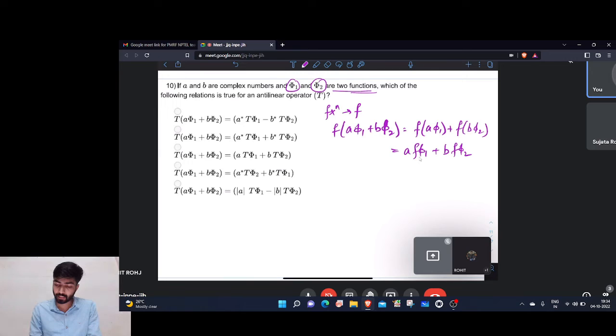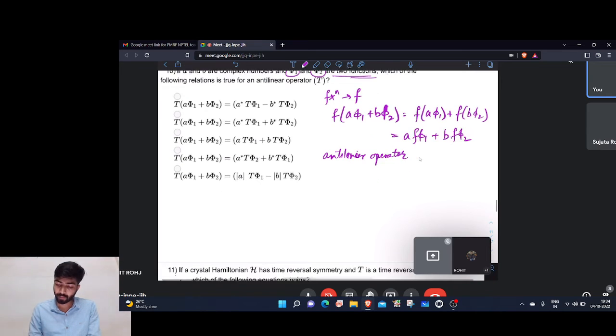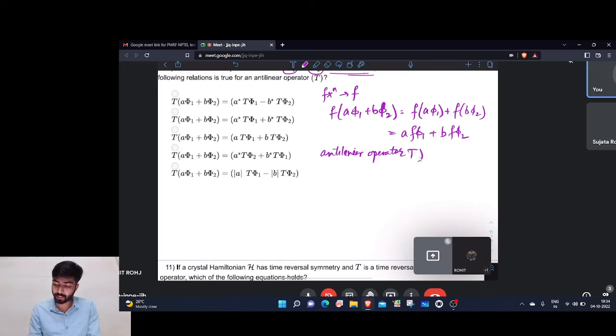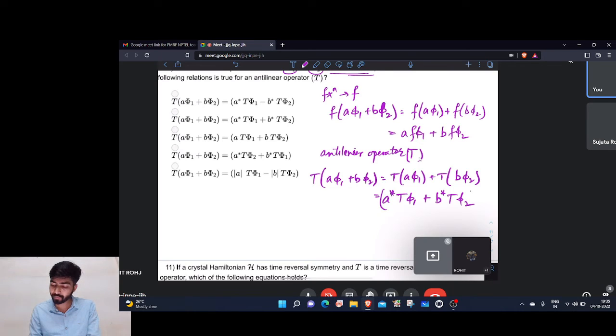But by definition, the antilinear operator, and in this case the antilinear operator is given as T. Now in case of an antilinear operator, in the similar scenario, it works individually on the two functions, but it works on the complex numbers in the sense that it transforms them to their conjugate: T working on a phi1 plus b phi2 gives a conjugate T phi1 plus b conjugate T phi2.